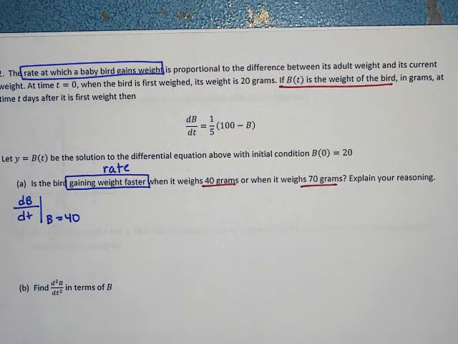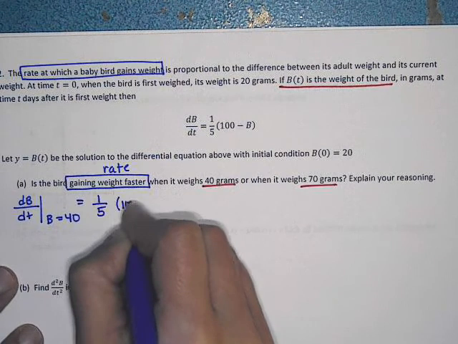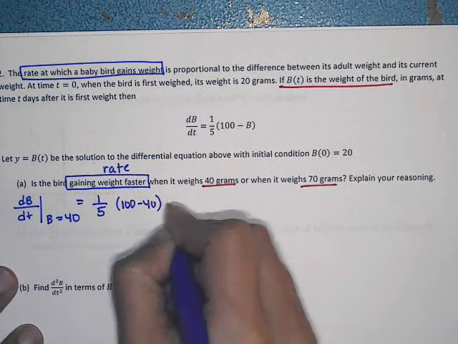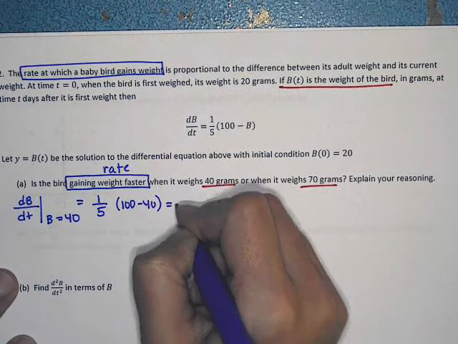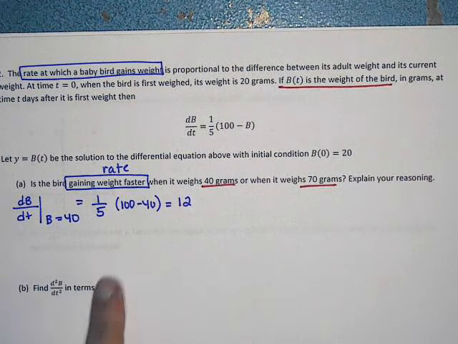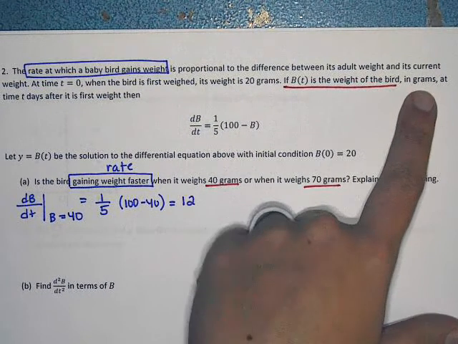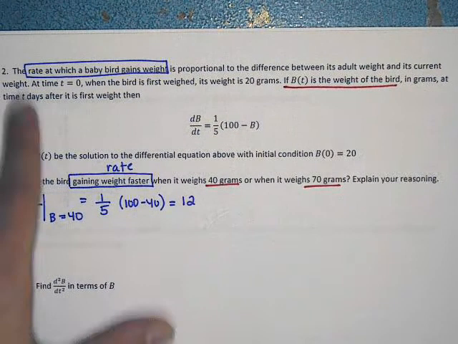If I plug that in, I get 1/5 times 100 minus 40. 100 minus 40 is 60, divided by 5 is 12. And it tells me that I'm measuring weight in grams and t in days.